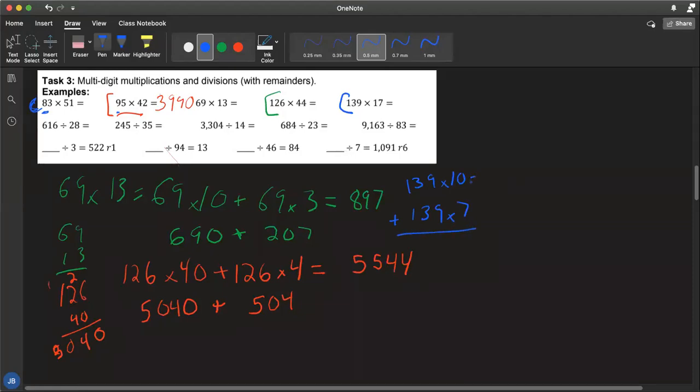And so we know this is 1390. And what is 139 times 7? I think that is 973. 973. Perfect. So we'd have 1390 plus 973, correct? Mhm.